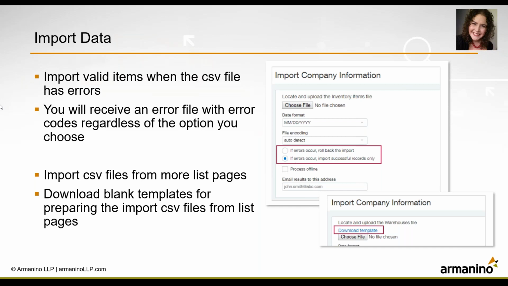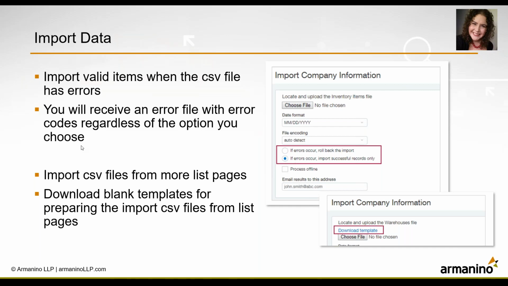Previously, when you imported items, the import would fail and nothing would be imported if the CSV file had any errors in it. Now you can set it so that it will import only the valid entries, even if the CSV file has other entries with errors. We've got the screenshot up here that shows you the option that you can select now.